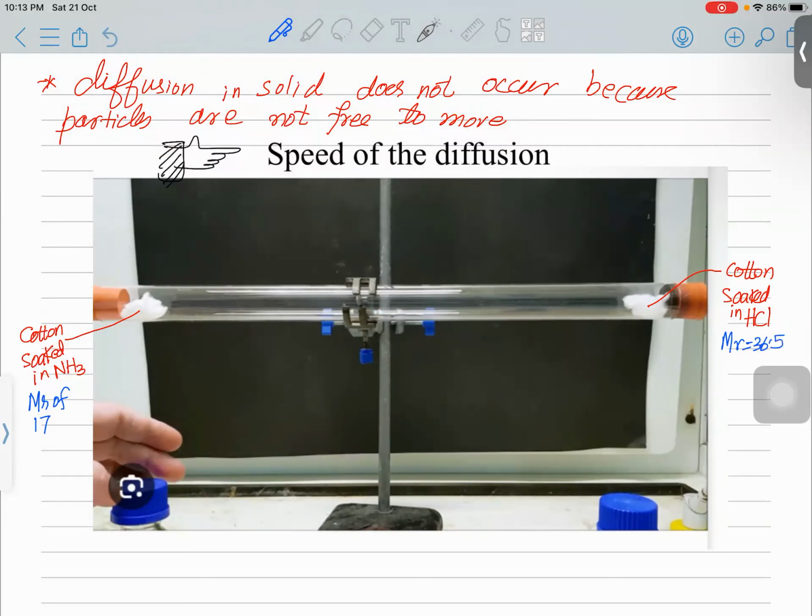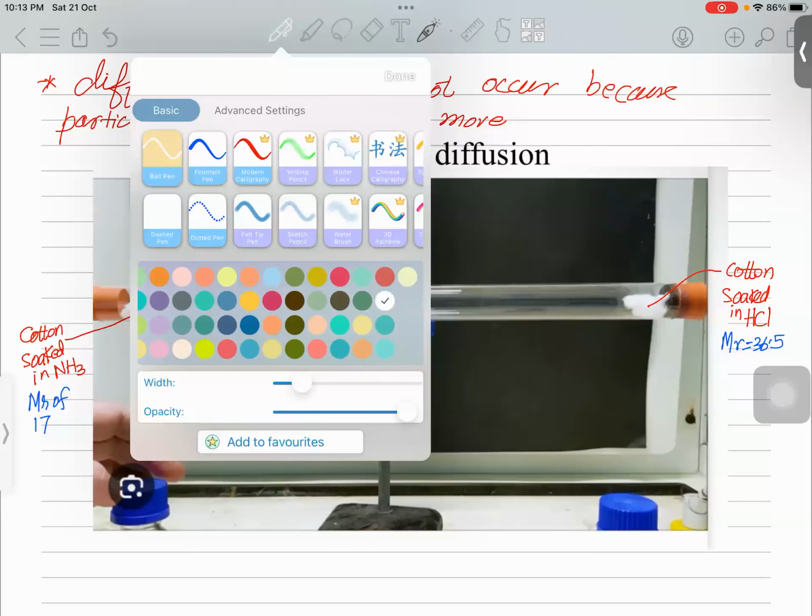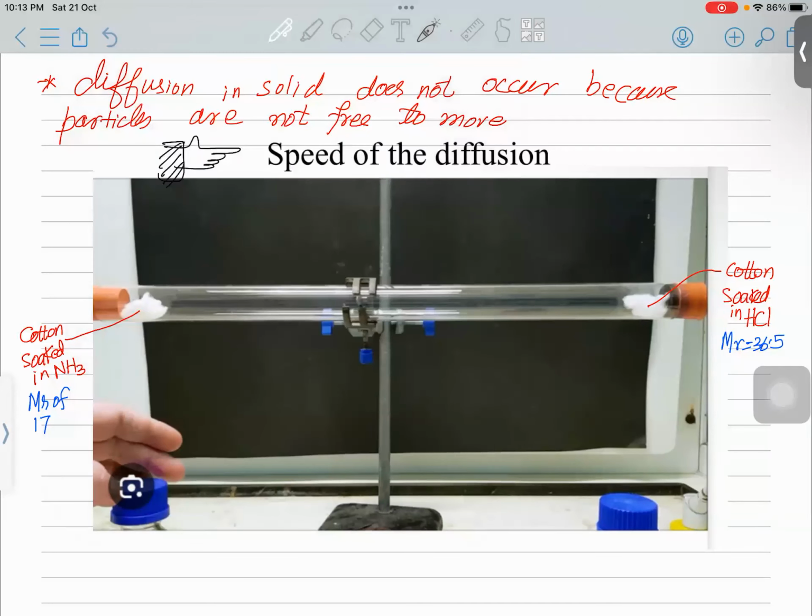So which one is lighter, ammonia or HCl? NH3. So white fumes appear here. Now HCl and ammonia react and form ammonium chloride.